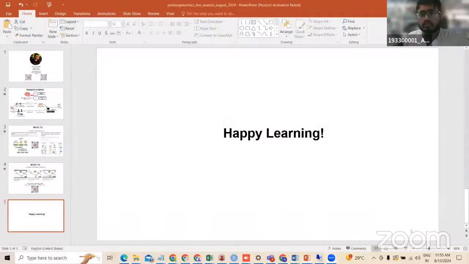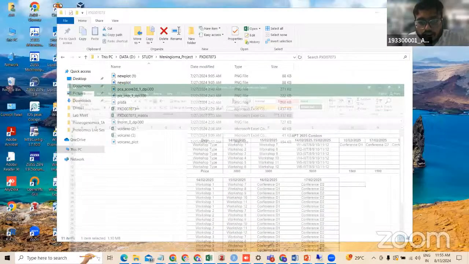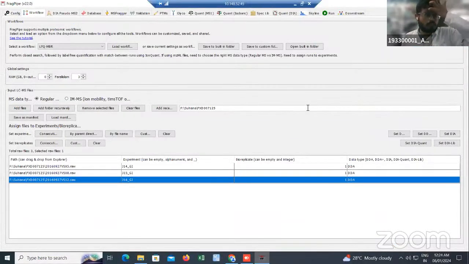Basically, you have seen the raw files and the chromatogram in the mass spec, but you need to understand them to identify the particular peptides.